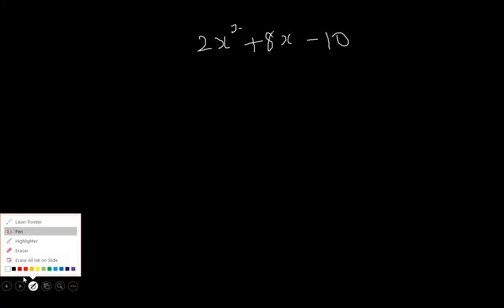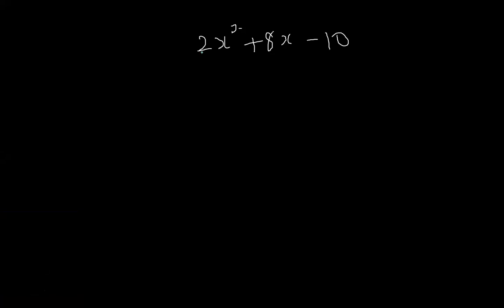They want me to put this in completed square form. We know that's a(x plus h) squared plus k, where a is 2, b is 8, and c is minus 10.